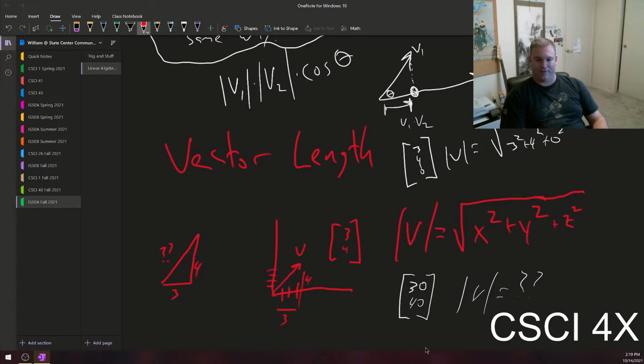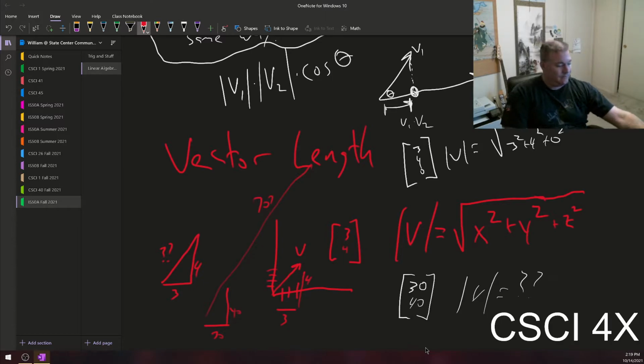So the length of this vector can't be 700, because then you'd have a triangle whose side is 30, whose side is 40, and whose hypotenuse is 700. So it's going to be x squared plus y squared, square rooted.